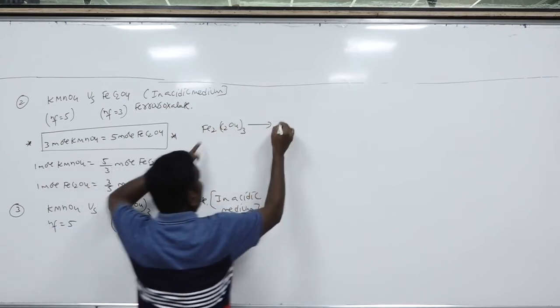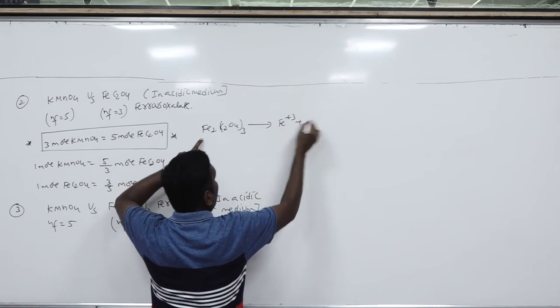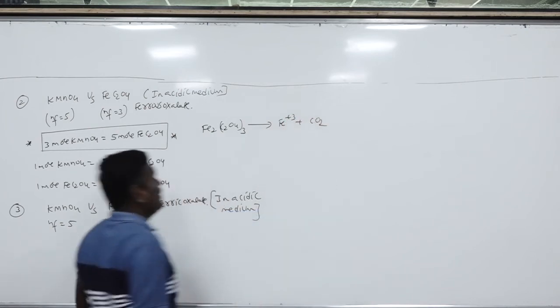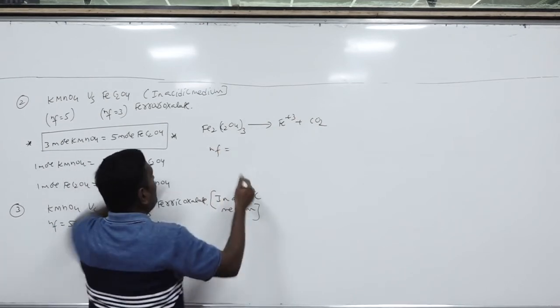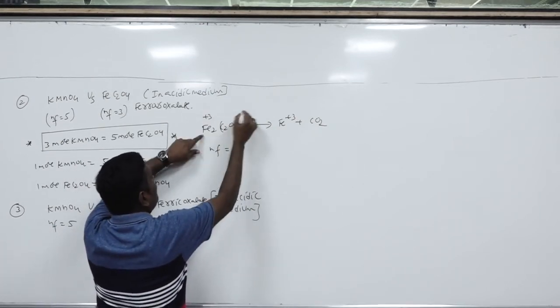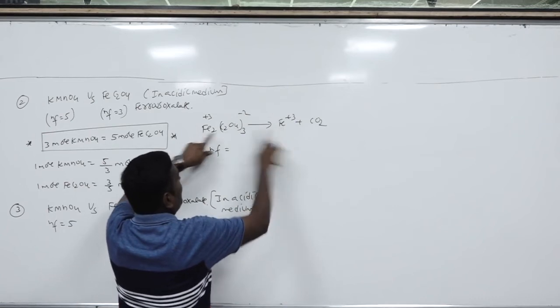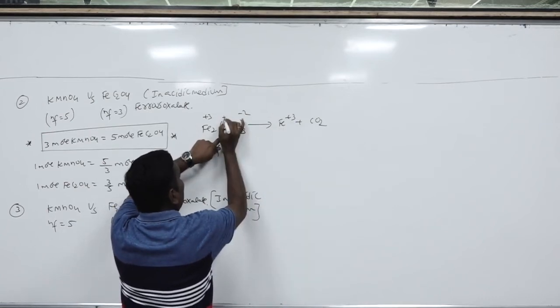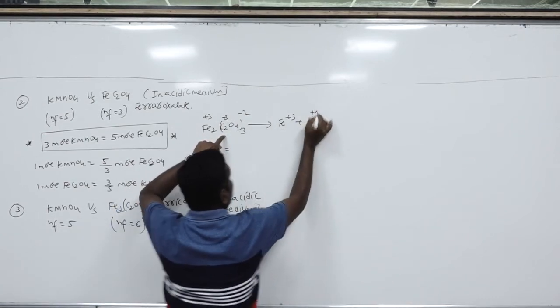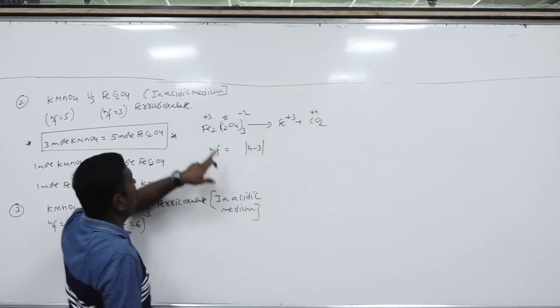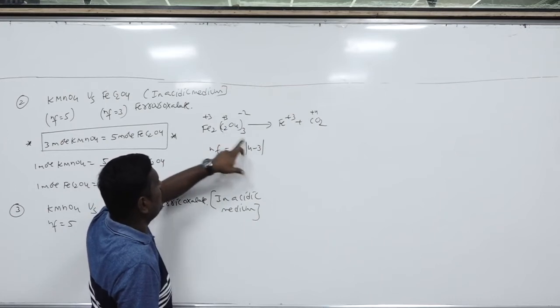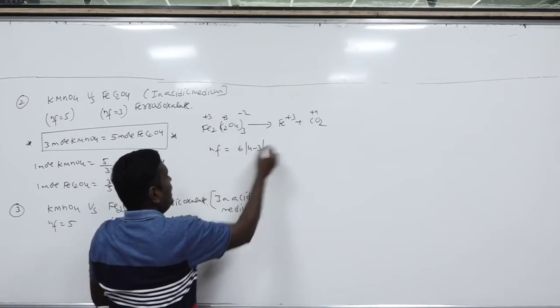In ferric oxalate, iron is plus 3, and the oxalate is oxidized to carbon dioxide. There is no change in the iron oxidation number. Carbon oxidation number changes from plus 3 to plus 4, so the change is 1. But per mole of ferric oxalate, how many carbon atoms are there? 6. 6 into 1 is 6.